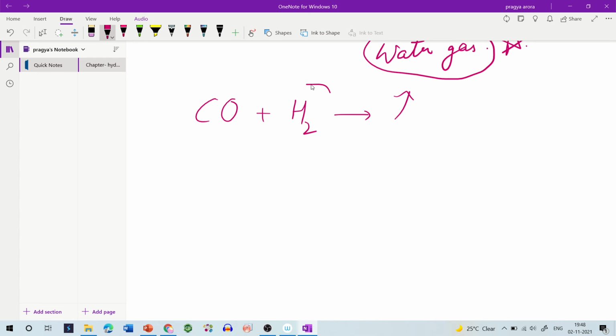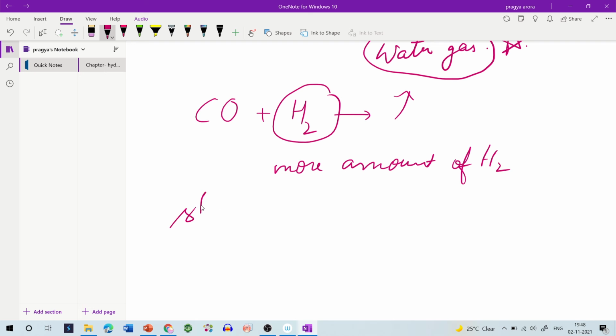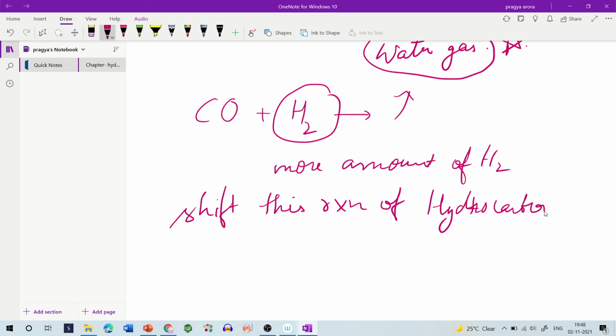If you want to produce more amount of H2, you can shift this reaction of hydrocarbon plus steam, hydrocarbon plus water, to produce more H2.